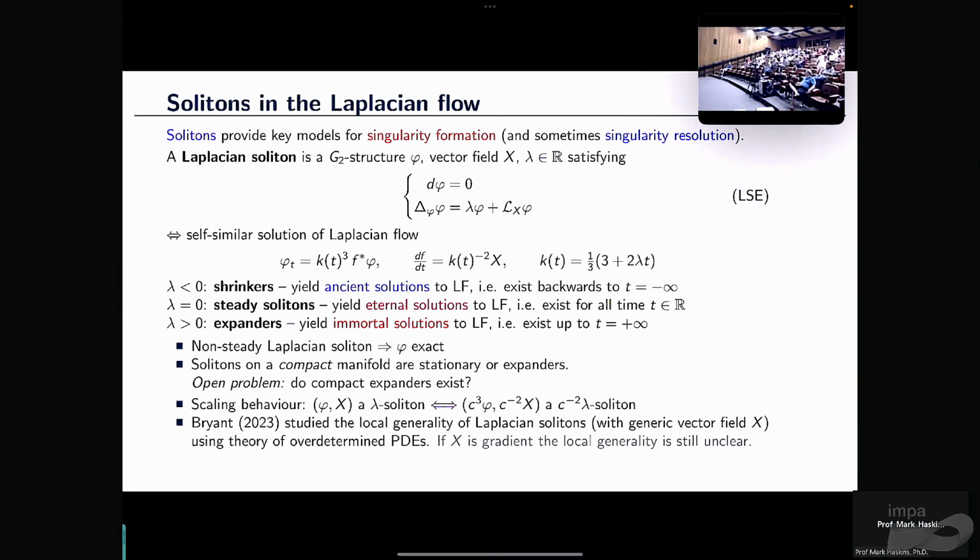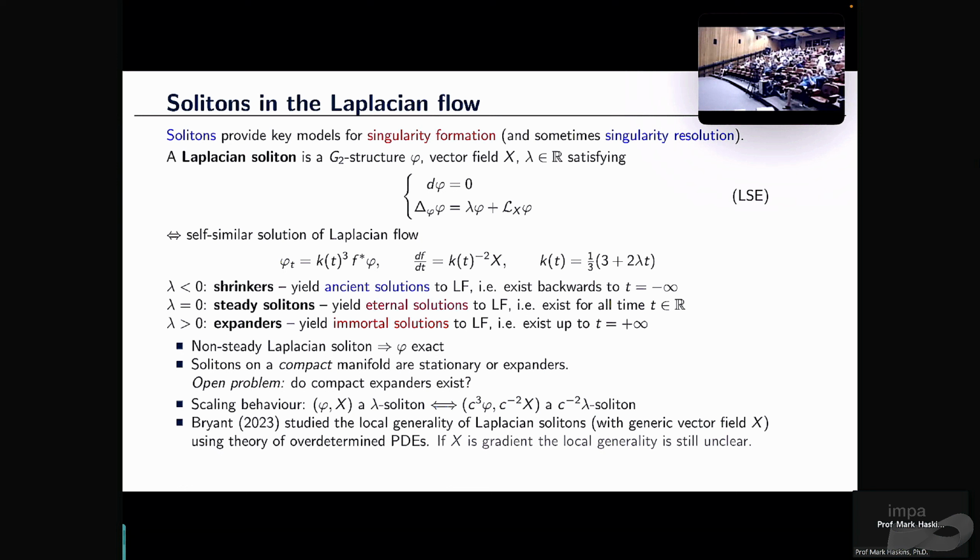So if we just look at the second equation and apply Cartan's formula, then of course we see that if we have a non-steady Laplacian soliton, then the 3-form must be exact. From what I said before, because of the upward gradient flow for the Hitchin volume functional, it's not difficult to see that on a compact manifold we can't have shrinkers, and non-trivial steady solitons can't exist; they have to actually be stationary.